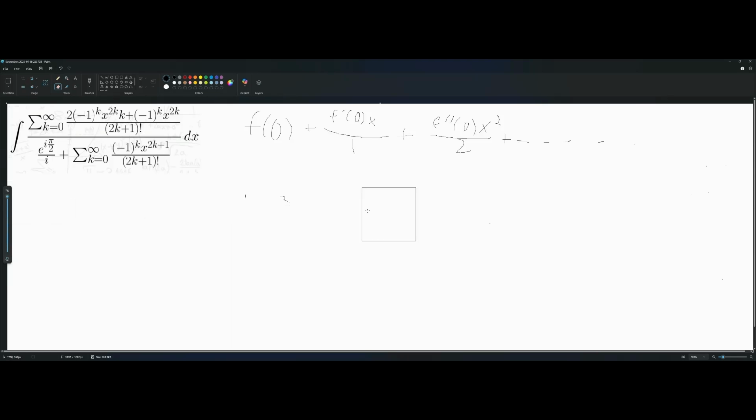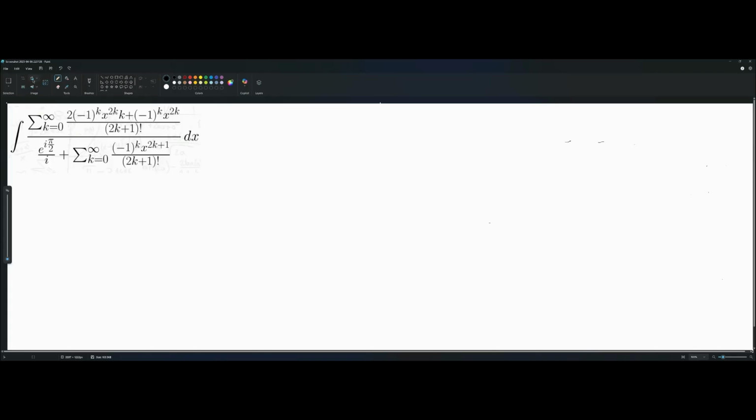So now let's attack this integral. Let's start with this series right here. I'm not going to rewrite the series here, but we're starting with the numerator.